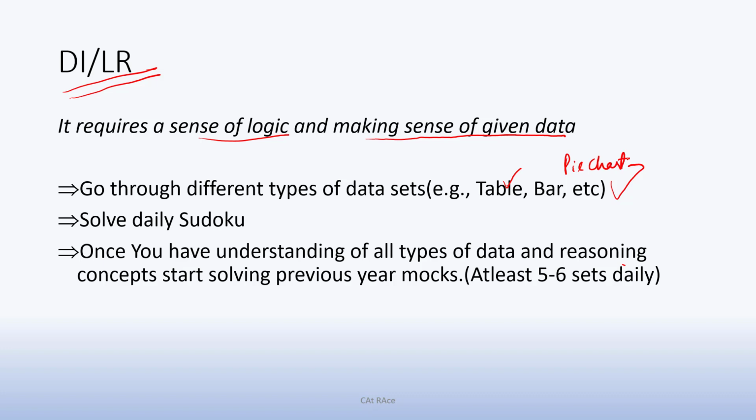Like this year there was a pyramid-like graph. So you must understand these different types of graphs. Once you are familiar with different types of graphs, you can go on to solving different questions after that, and solve daily Sudoku. This is important because you learn different things when you are solving a Sudoku puzzle.